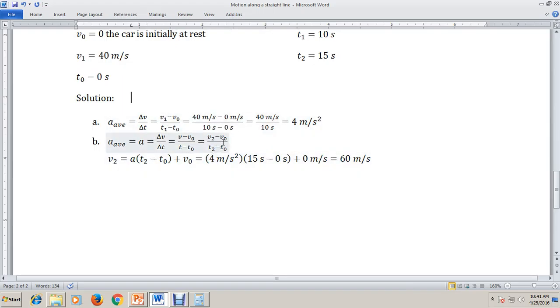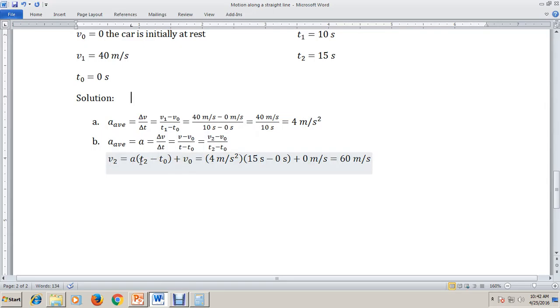So we solve for v sub 2. We just cross multiply t sub 2 minus t sub 0 towards a. So that is a times t sub 2 minus t sub 0. What is left here should be v sub 2 minus v sub 0. Now, to isolate v sub 2, we must transpose negative v sub 0 to the side of the acceleration, and that gives us positive v sub 0.